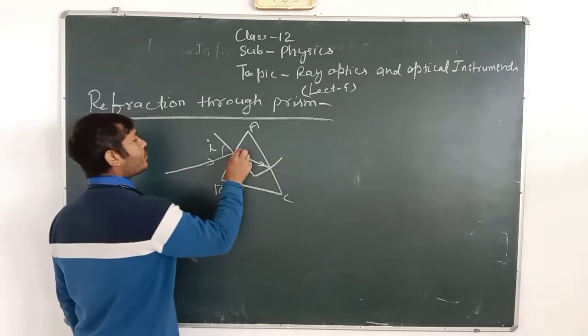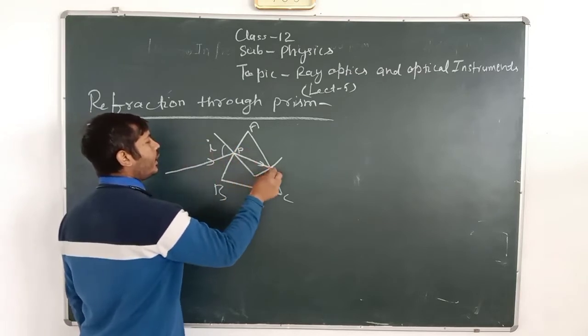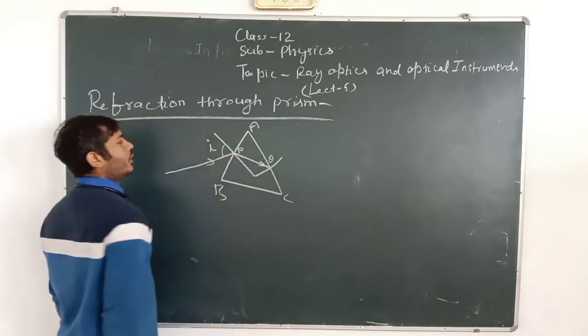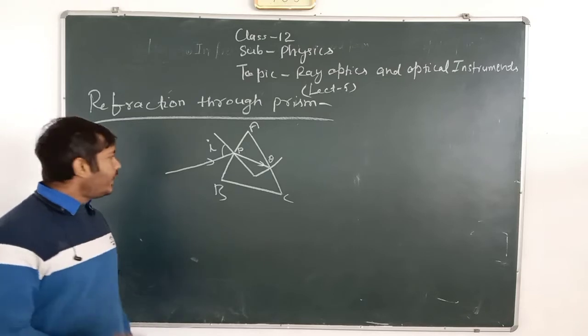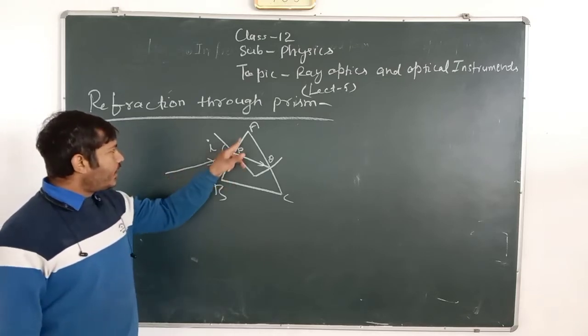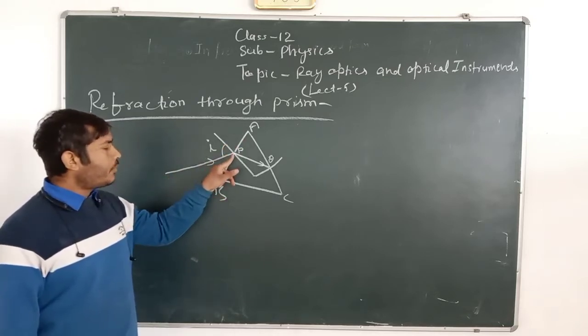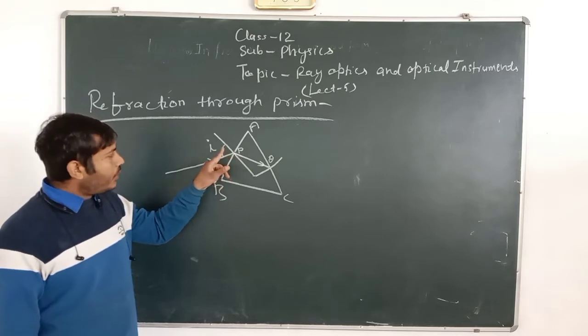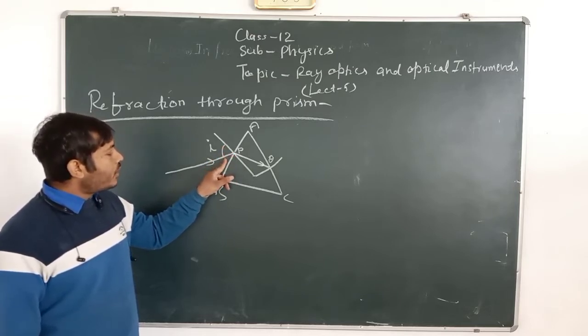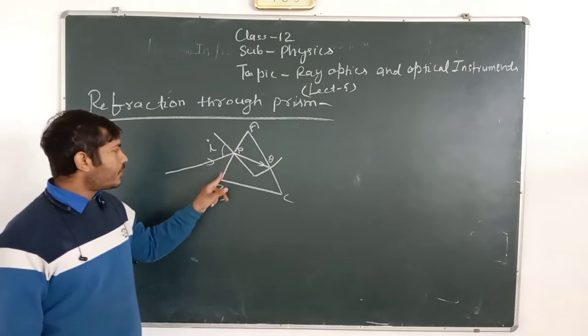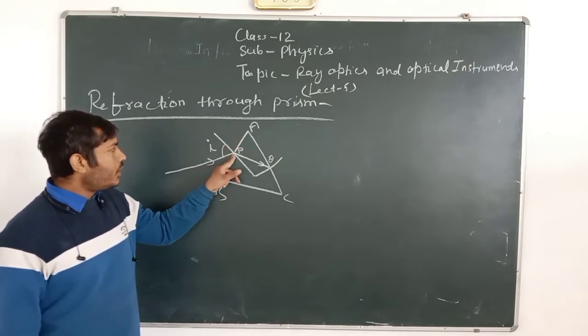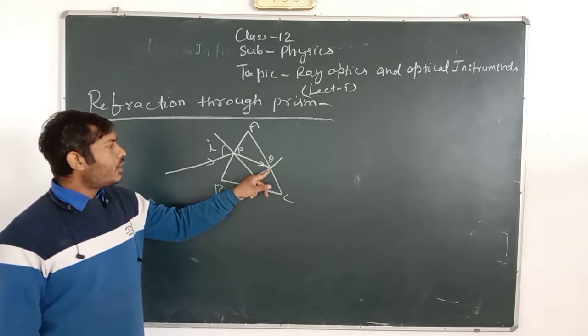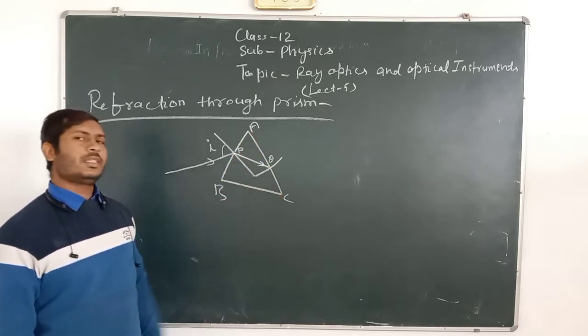Let us say this point is P and this point is Q. Means firstly, a ray of light is incident on surface AB at point P, and from P after refraction through this surface AB, this ray of light is incident at point Q on surface AC.